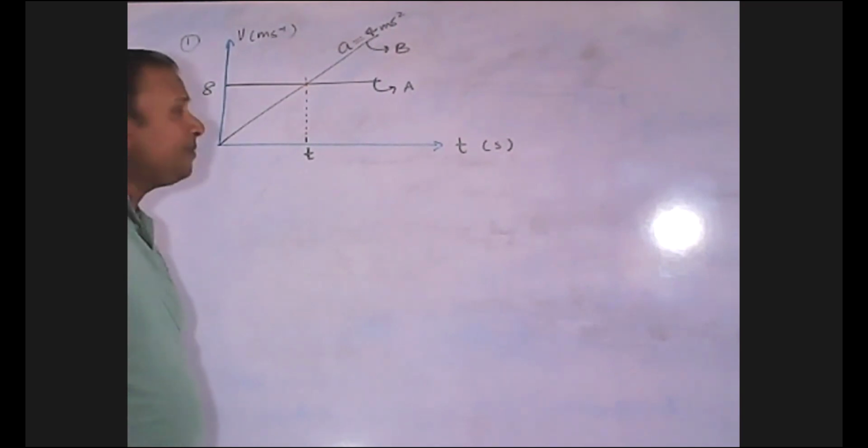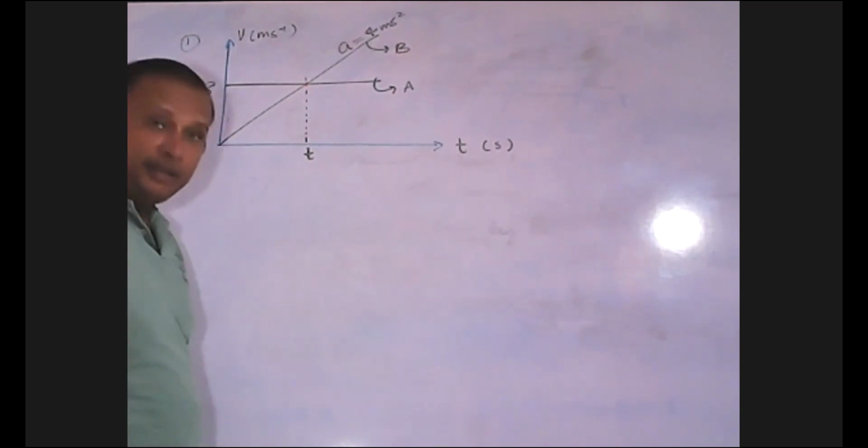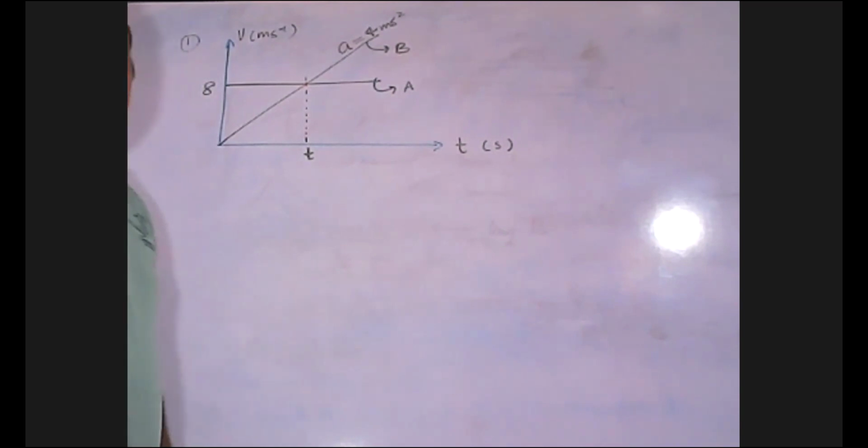The question was, if car B passes car A, what is the time and what is the distance traveled at that point?